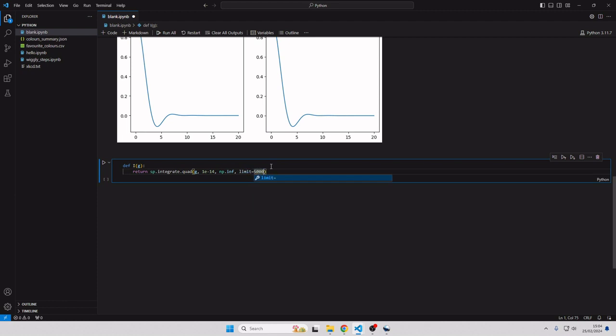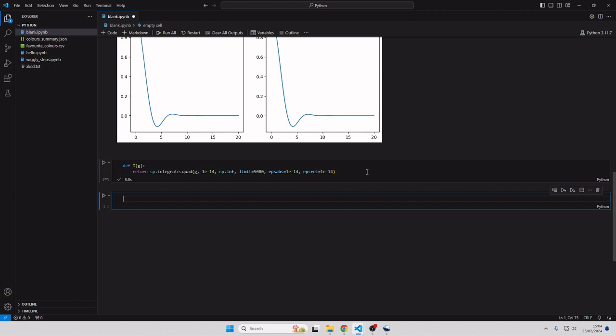Now, I'm going to put in some extra arguments. I'm not exactly going to explain what these mean here. They're just different ways of requesting that I want an extremely accurate answer, so the function will work very hard, calculate lots of points, and try and get the error down as small as possible.